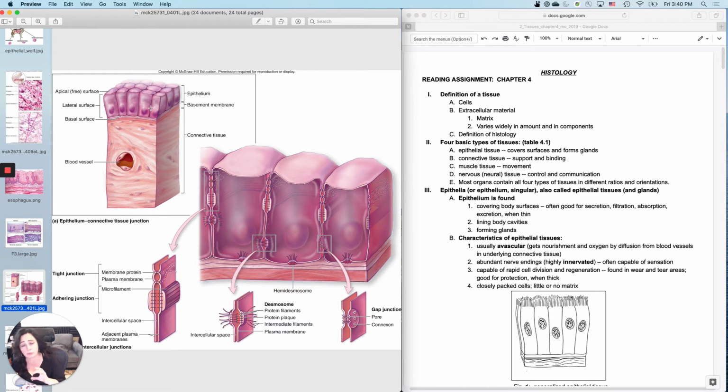So it's good for protection, especially the thicker that it gets. But it needs to repair itself relatively readily.